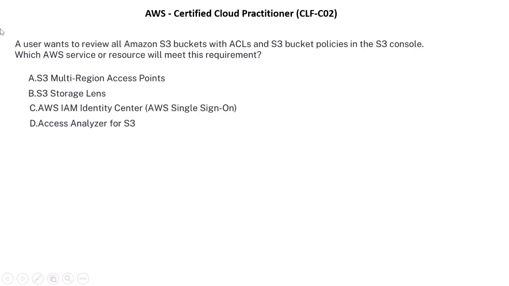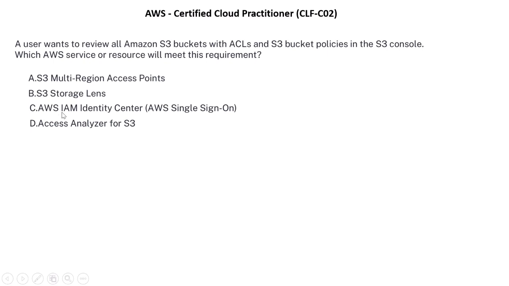Next question. A user wants to review all Amazon S3 buckets with ACLs and S3 bucket policies in the S3 console. Which AWS service or resource will meet this requirement? Option A, S3 Multi-Region Access Points. Option B, S3 Storage Lens.